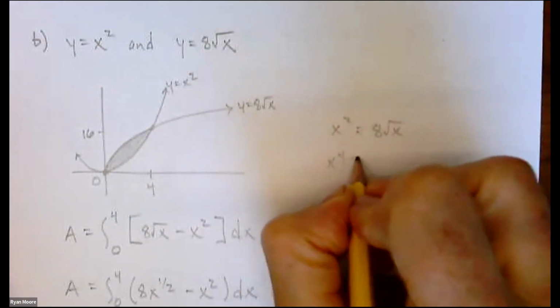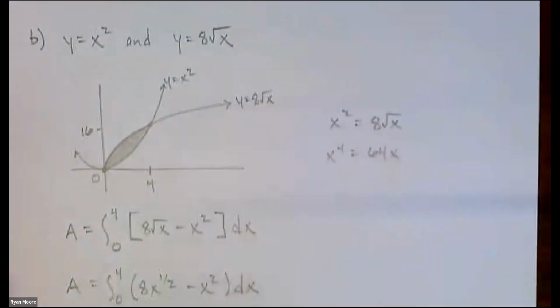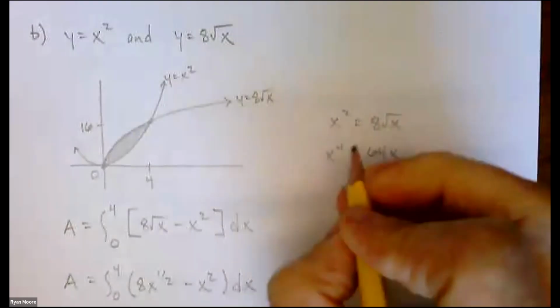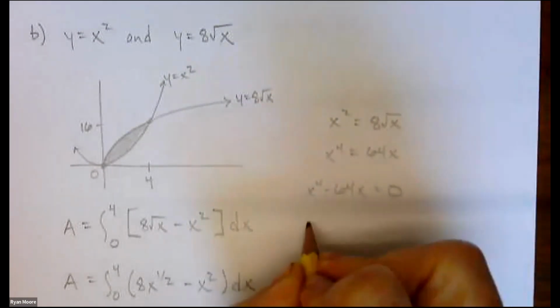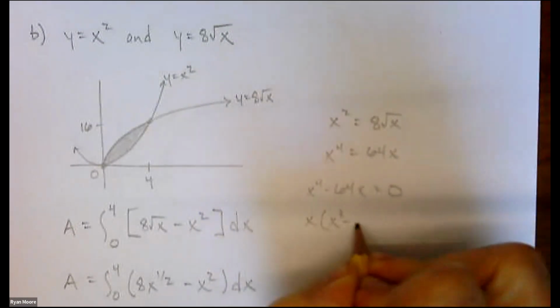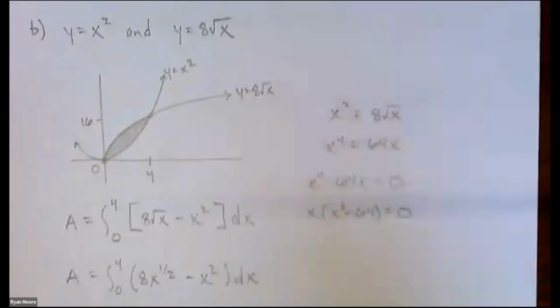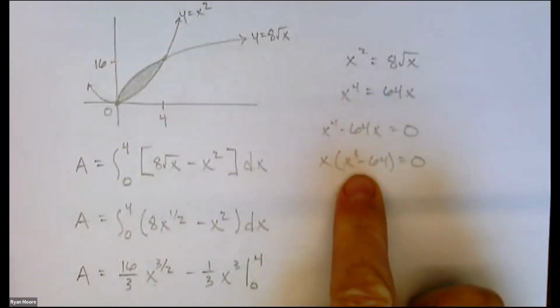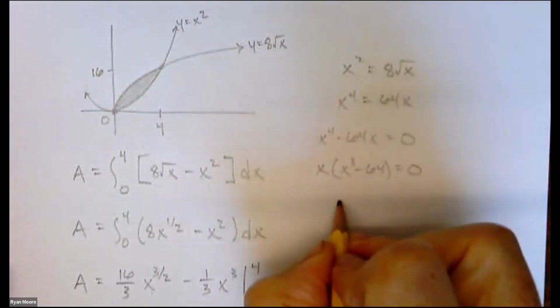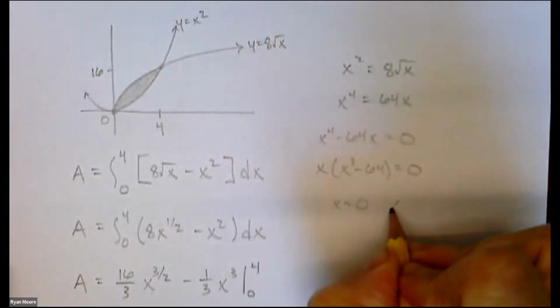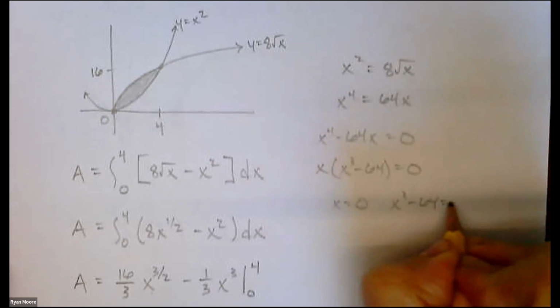So you'd have x to the 4th equals 64x. Then subtract, factor out. And it turns out this would factor further, or actually, no, you could go ahead and solve at that point. So you'd get x equals 0, x cubed minus 64.